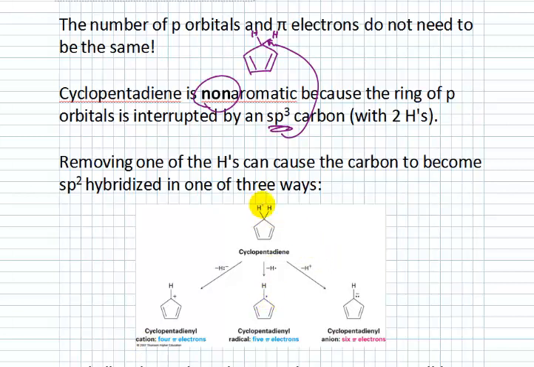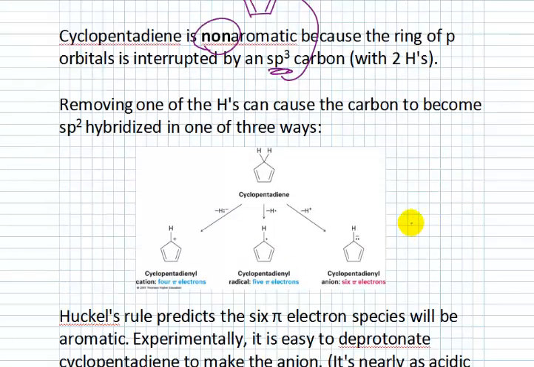If I take away just an H and leave the electrons, I get an anion. So in all of those cases, we end up with a compound that's been rehybridized, so it has p orbitals now on all of the carbons, right? And a single H on each of the carbons.